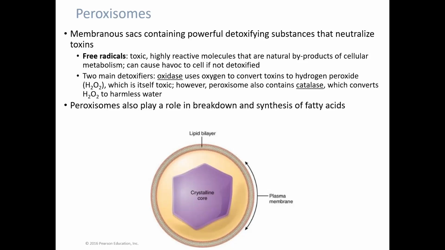There's a little bit they do with fatty acid production too, but we'll get more into breaking down fatty acids in AP2 when we talk about diabetes. But the main thing they do is get rid of these free radicals that can form. They're a byproduct of metabolism that we shouldn't see there.